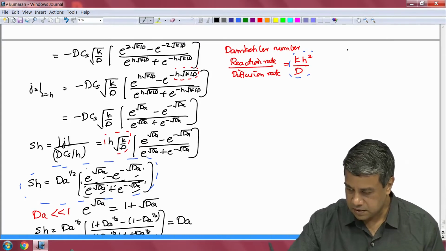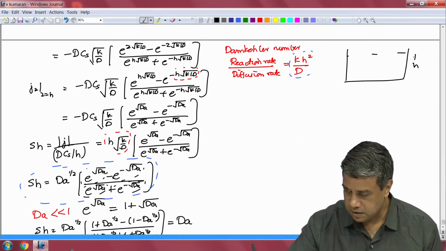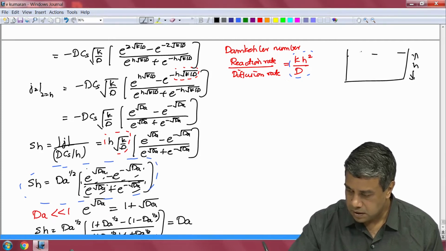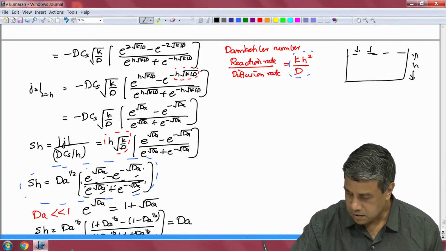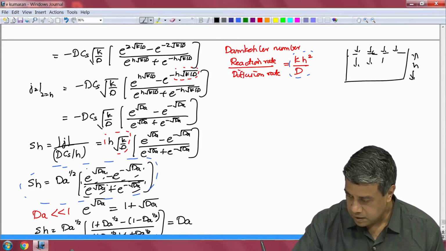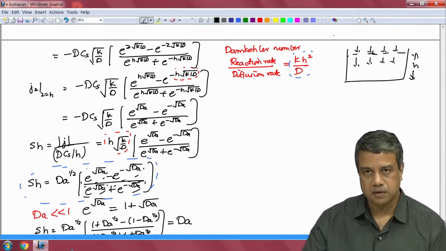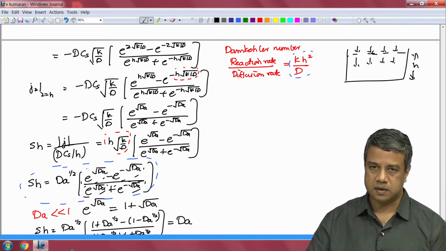So, I have this surface here of thickness h, and there is solute that is diffusing and which is getting consumed.